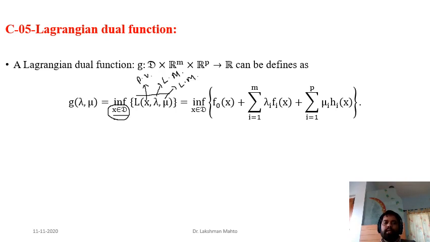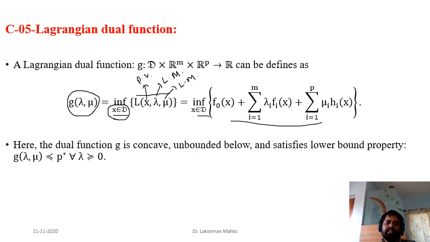That's why your Lagrange dual function will always be a function of the Lagrange multipliers, because this infimum operation is one kind of elimination of the variable. So x will be eliminated in terms of lambda and mu. In total, you can say that the Lagrange dual function is the infimum of this augmented sum.